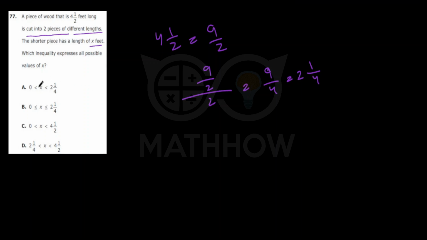Checking each option. Option A, the length is greater than 0 and is less than 2 and 1 over 4. So this is the set of values that the shorter piece has. This is the correct answer.